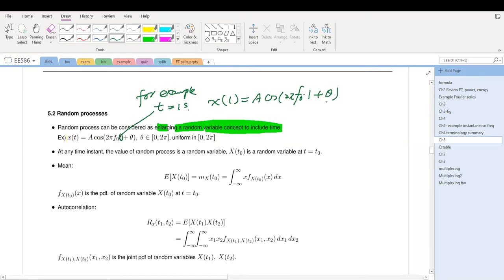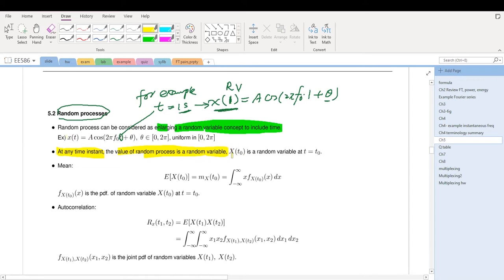And we can see here this random process, at time equal to 1 second, becomes a random variable. A random process becomes a random variable for any given time. That's exactly what I said here. At any given time, the value of a random process is a random variable.